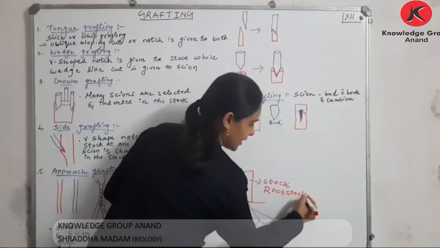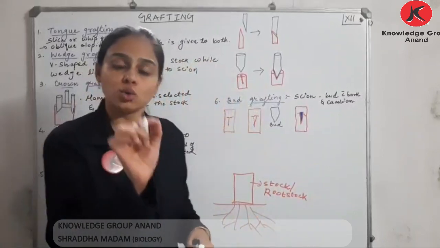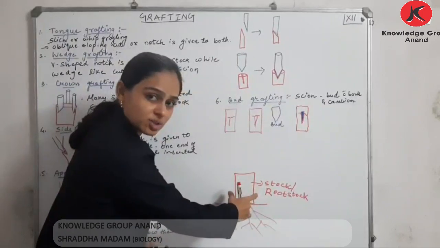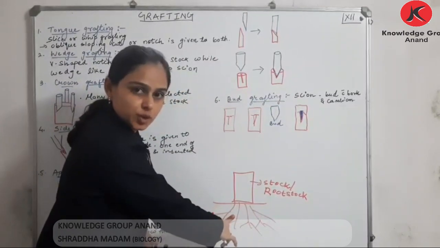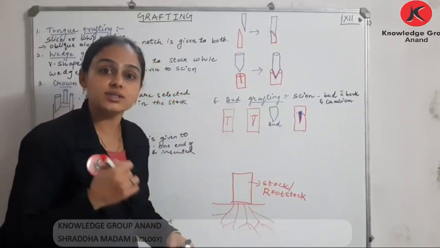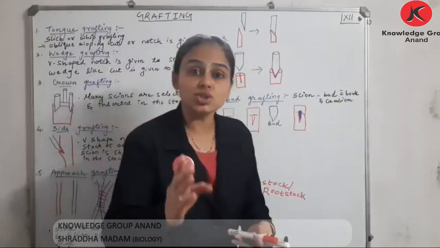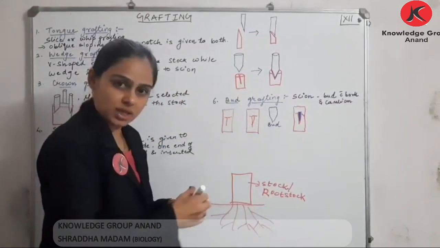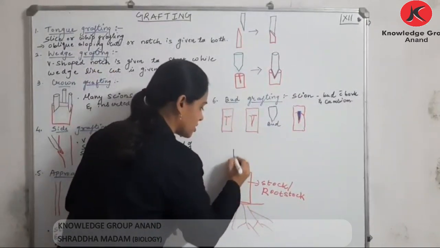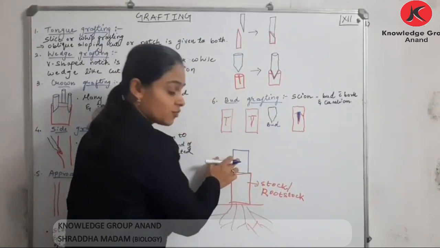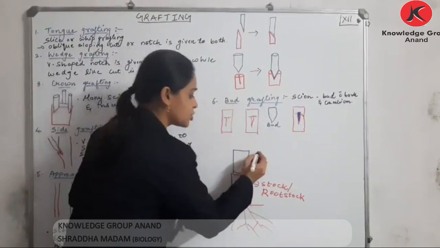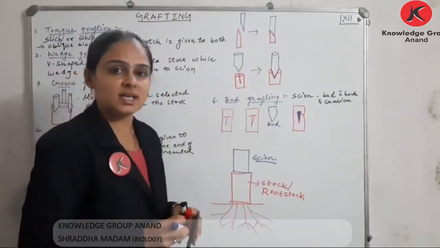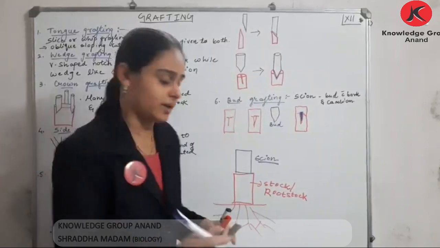Once again, what is the stalk? The plant which is rooted. This portion is called the stalk, and the portion which is grafted on this stalk, which is mounted on it, is called the scion.